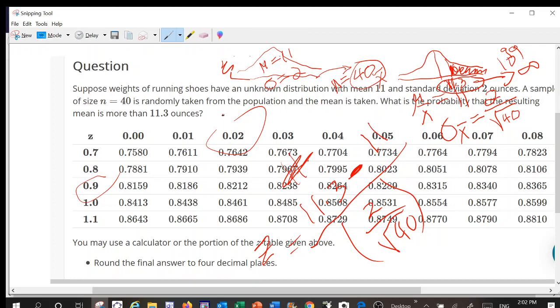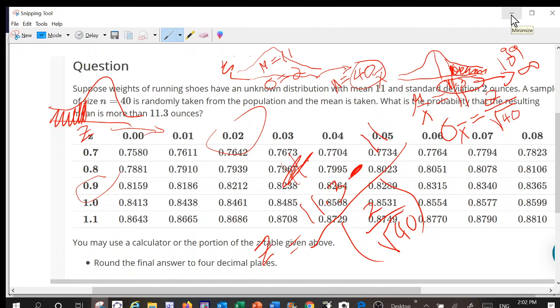Because remember, this table gives the area to the left of Z. So if you find the value in the table, then we would have to subtract from 1 to find the area to the right of it. As I said, since we have normal CDF, we are not going to do this. But if you were to do it with Z table, that's how you would do it.